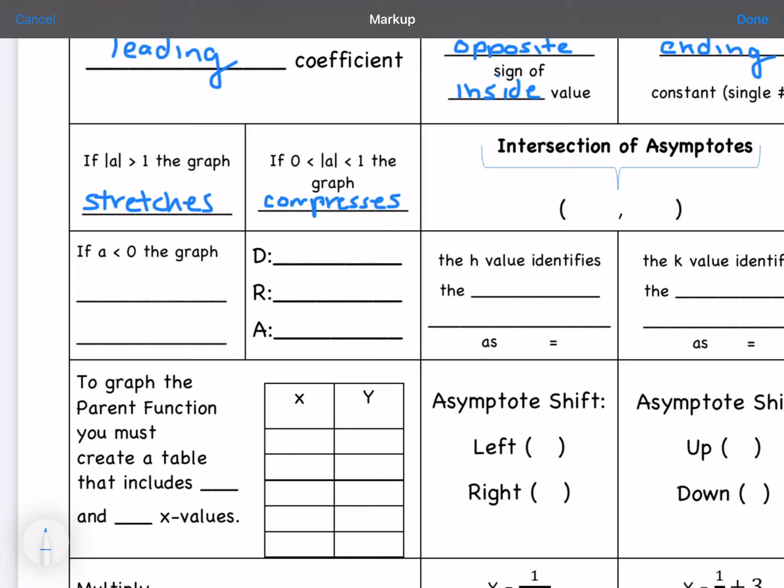So now instead of reflecting across the x-axis, we're saying it reflects across the asymptote. It reflects across the asymptote.